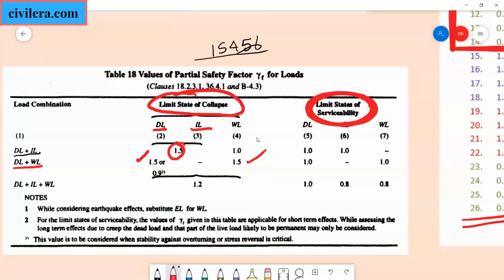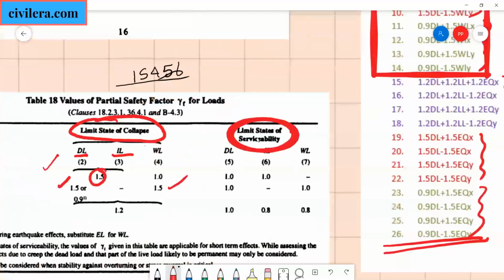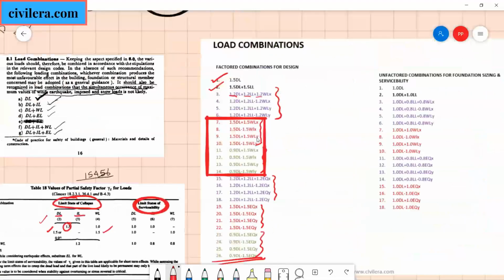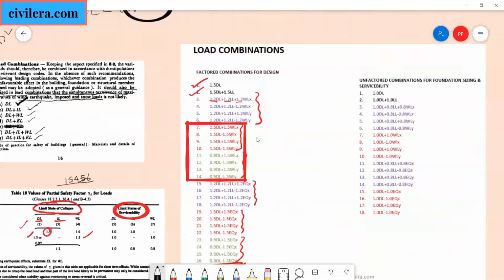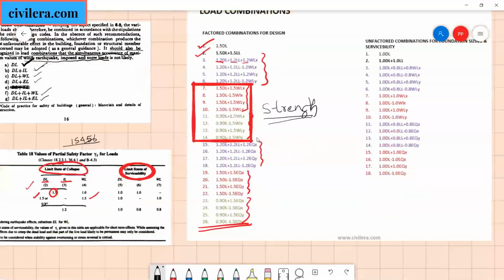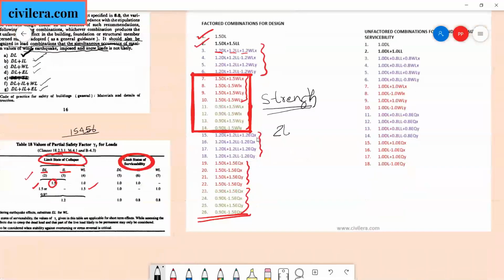So let me tell you that the factored combinations which I have listed here, the 26 numbers, need to be used whenever you are designing for strength. So if you are trying to ensure strength of a member, it could be designing for moments, shear force, or punching, then you are supposed to take these 26 combinations.